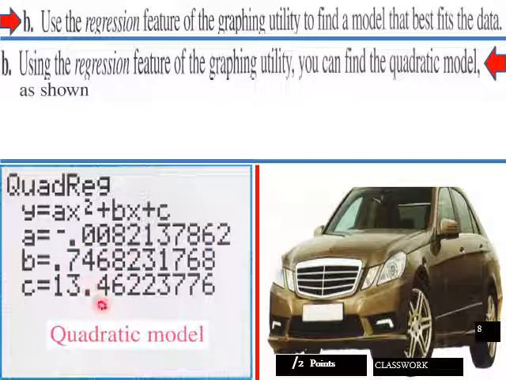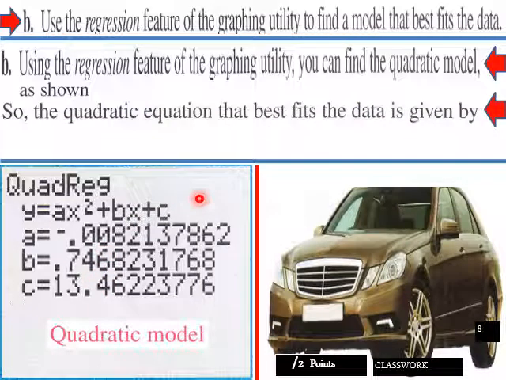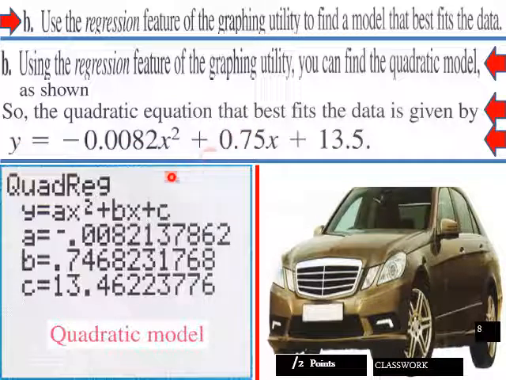So that would be our quadratic for that set of data. The quadratic equation that best fits the data is given by negative 0.0082x squared plus 0.75x plus 13.5. That would best fit that set.